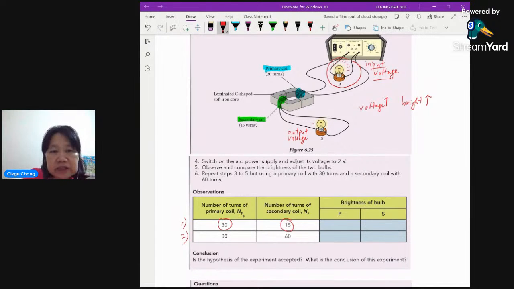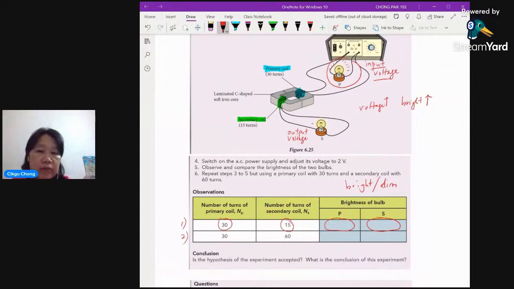And after you look at the brightness, here you will have to put your brightness. So here you put in either the word bright or dim. That's all. There's no value to measure. There is no ammeter, no galvanometer, no values. You just see which one is bright, which one is dim. After we go to Google Meet, we will discuss this because I can't see your response here. I want to answer you.